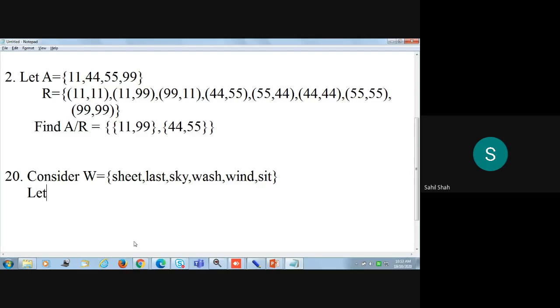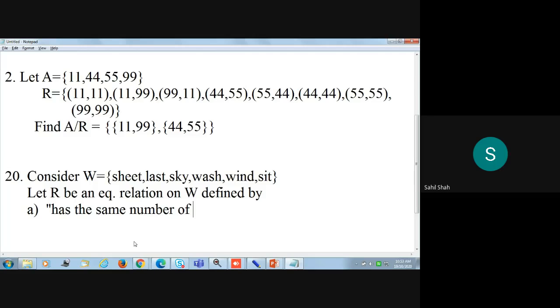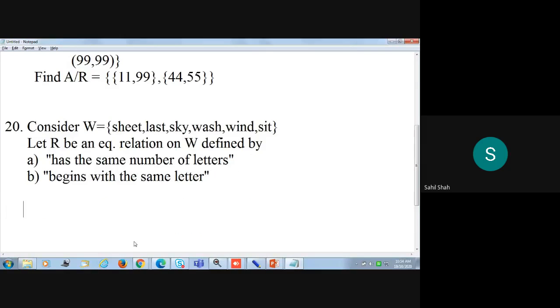Let R be an equivalence relation on W defined by: first, has the same number of letters; second, begins with the same letter. Find the partition of W with R. Let us say this is R1 and R2, so that you will be clear.